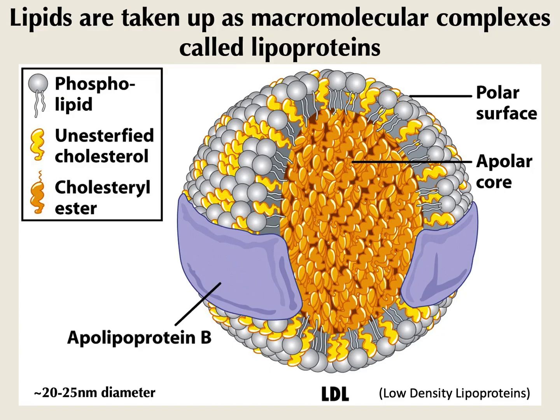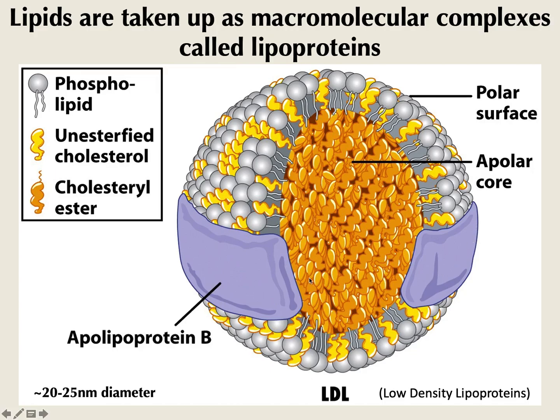So those particles need to be endocytosed by cells. But there's very little specificity in terms of recognizing the phospholipids or the cholesterol. If you look at this from the outside, it's just another membrane. So there's a tag, if you will, that's now a protein, and that's apolipoprotein B, which forms kind of a belt around the LDL.